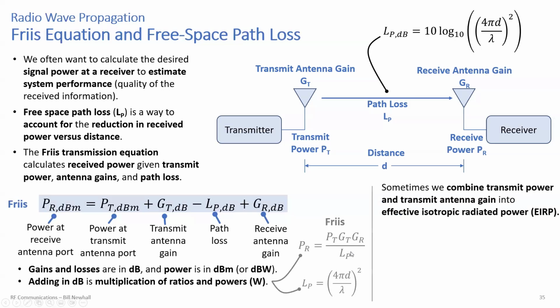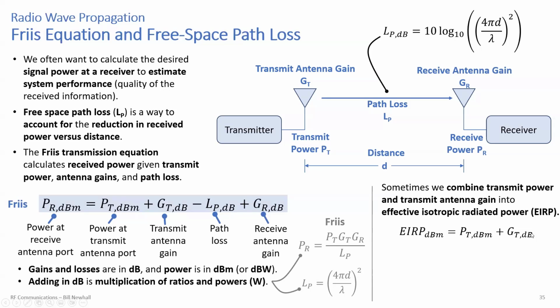Sometimes we combine the transmit power and the transmit antenna gain into this value we call EIRP, the effective isotropic radiated power. EIRP is actually PT plus GT.